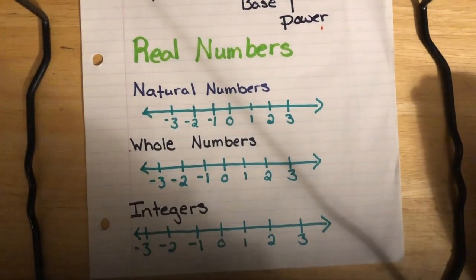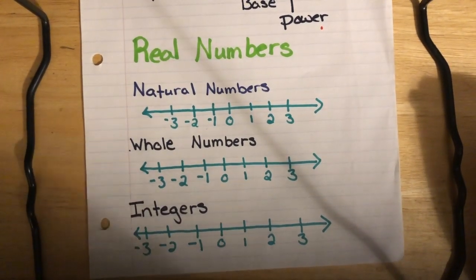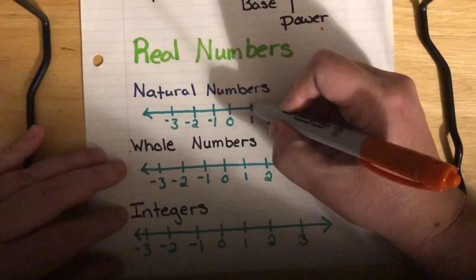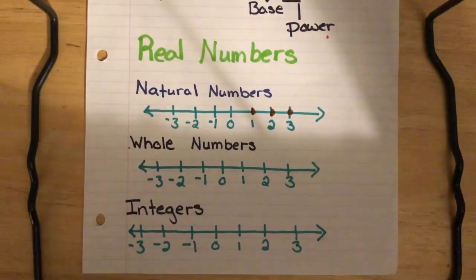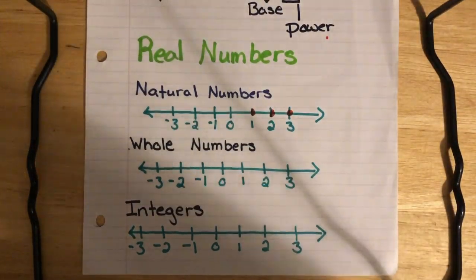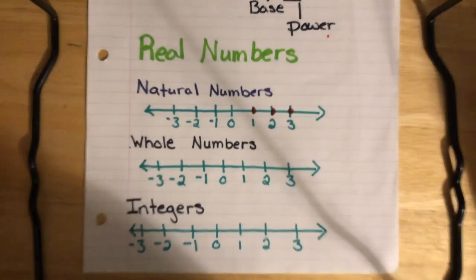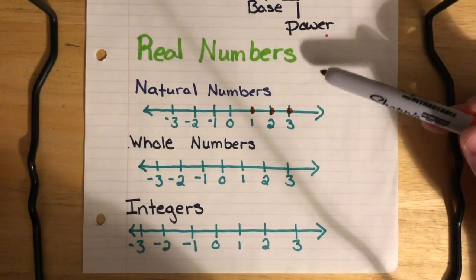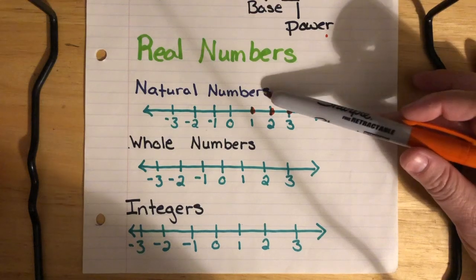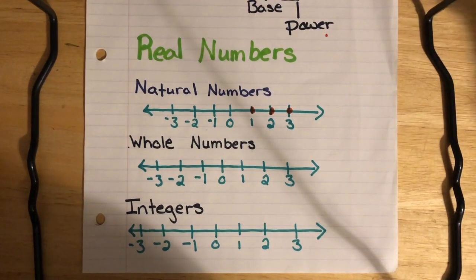An example of natural numbers is 1, 2, and 3. This is why I have the number line, because with these 3 terms, you can actually have different things going on. So natural numbers are positive whole numbers.